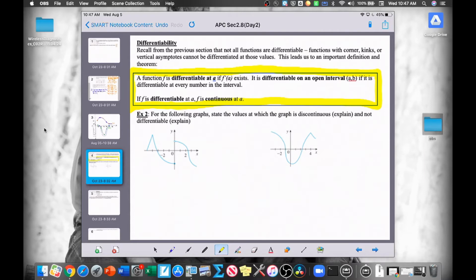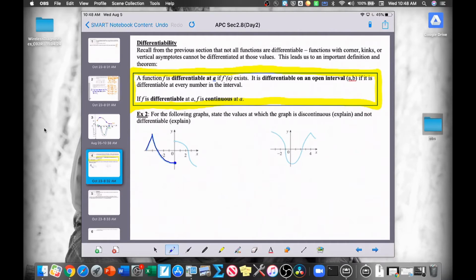It says, for the following graphs, state the values at which the graph is discontinuous, explain, and not differentiable, explain. Well, if we look at this first picture, right away, you can see that from about -5 to 0, this graph is continuous, right?